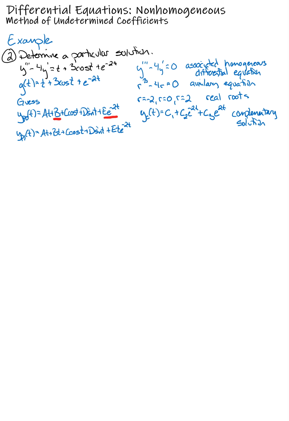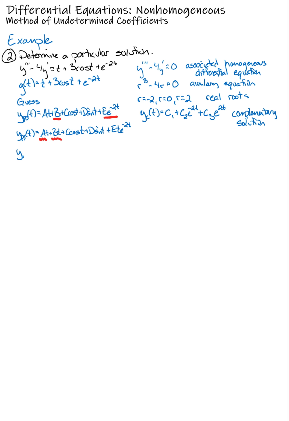Again, all I did was multiply those two repeated terms by t. Now, I notice another problem here, that the t term is repeated. So what do we do there? Same thing, multiply by t.